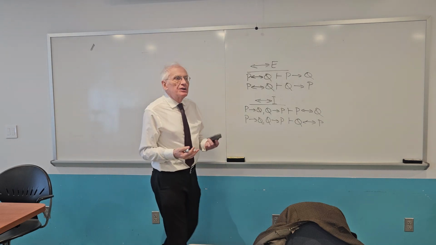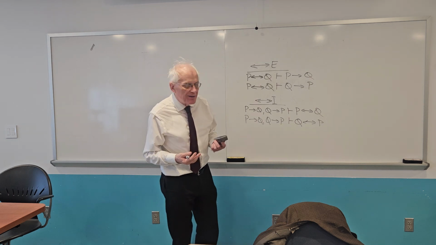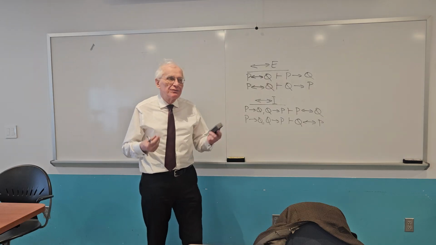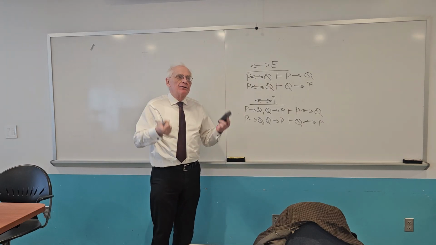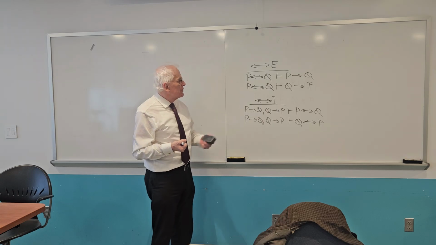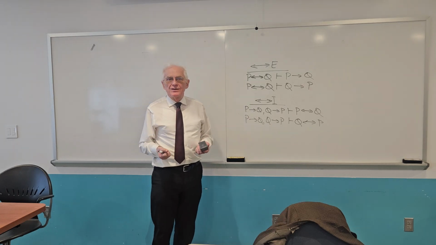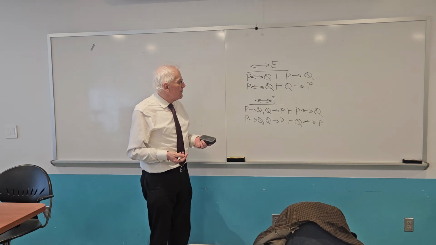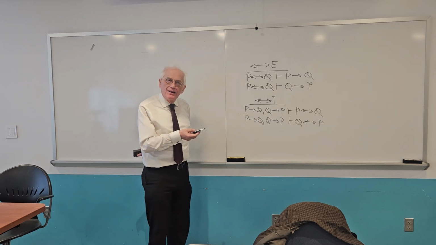What's different from conjunction introduction, ampersand introduction, here is, there you can take any two sentences that you already have and put them together to form a conjunction. Here you can't take any two sentences you already have, even any two conditionals you already have. They have to be a special pair.